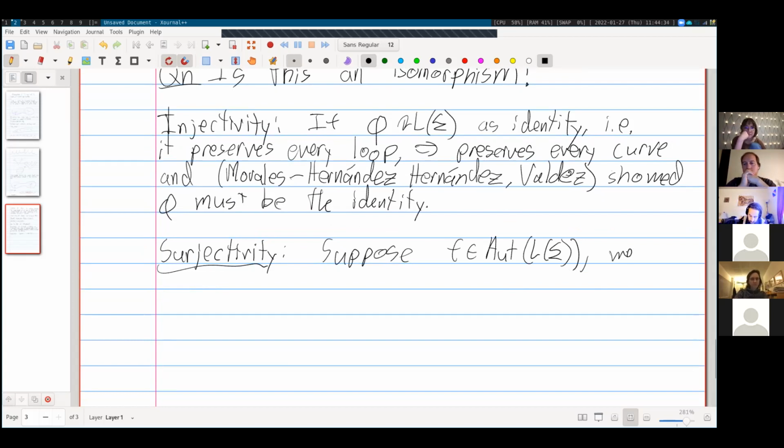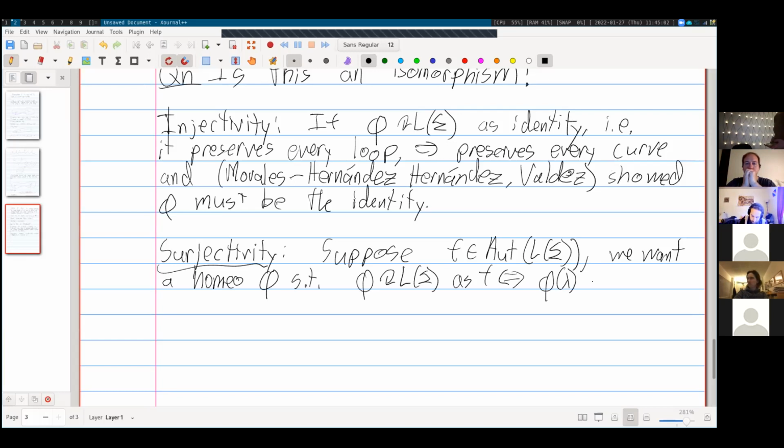We want a homeomorphism phi such that when phi acts on the loop graph, we get F. In other words, phi of lambda is isotopic to F of lambda for every loop.